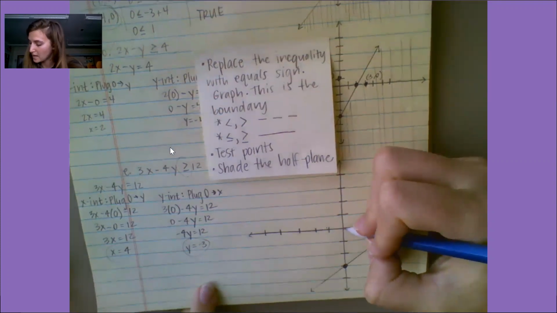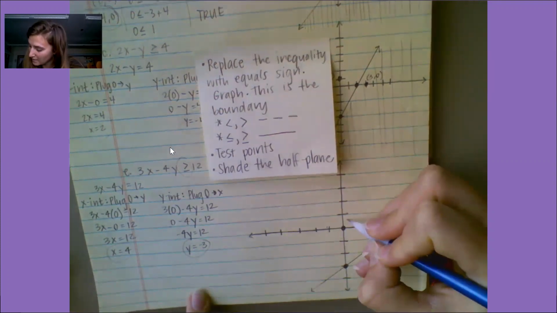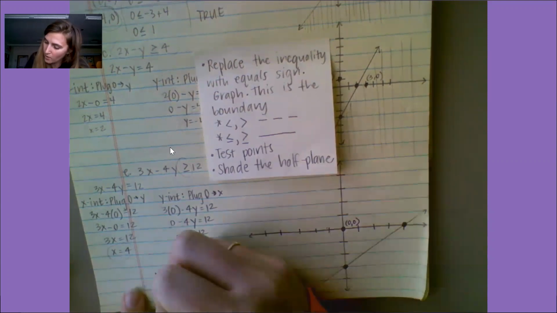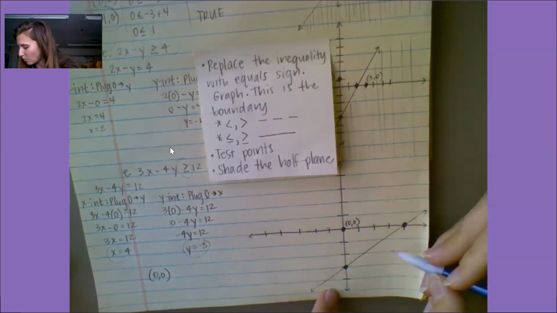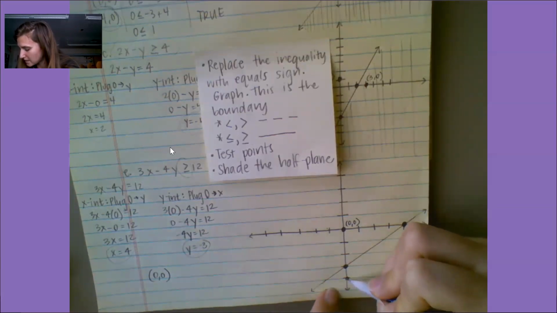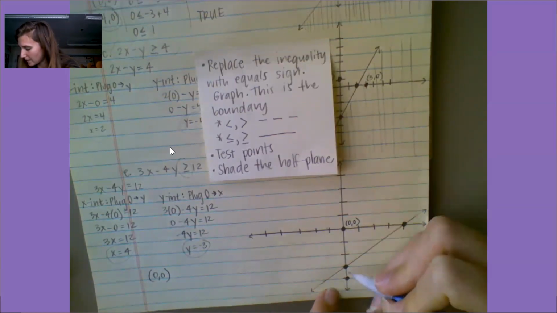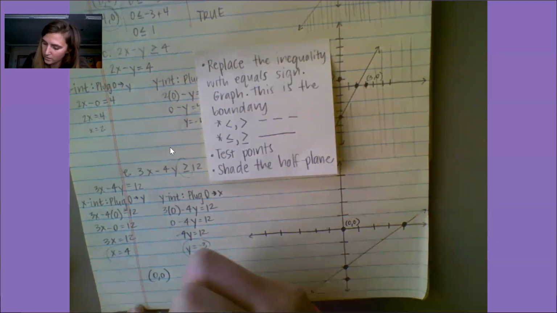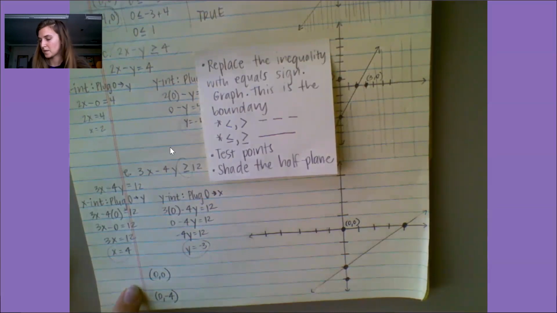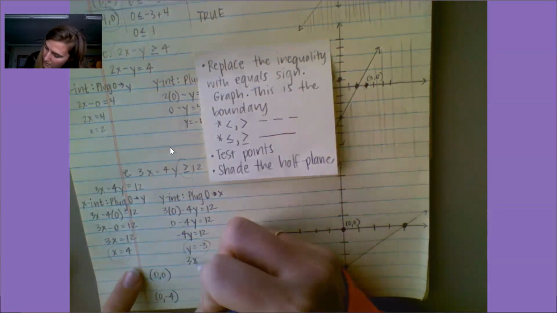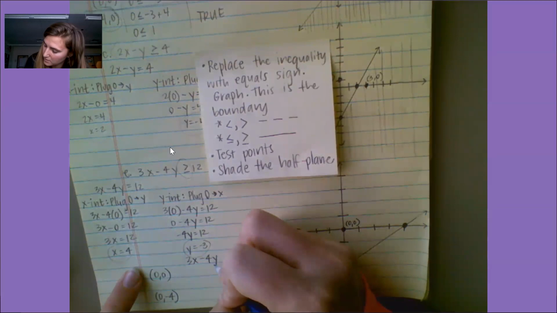I'll test a point over on this side of the line, so let's test 0, 0. And let's test a point down here, 0, -4. And I'm plugging those into this inequality.